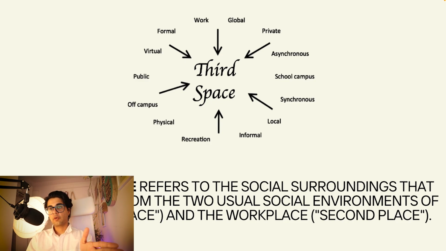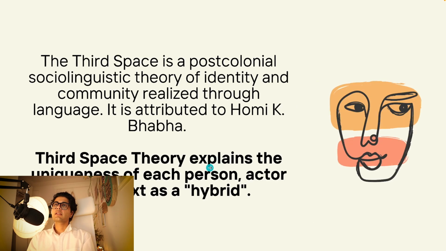So you move from home and you go somewhere. But the in-between space, that could be public, virtual, formal, work, global, private, asynchronous, like this class, a school campus, synchronous, local, informal, recreation, physical, off campus, could be your third space or your third place.